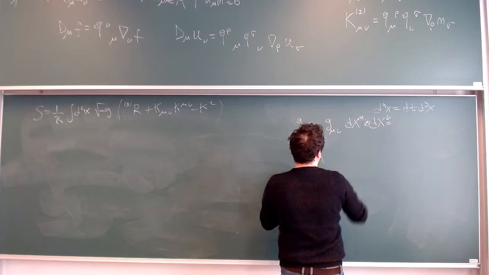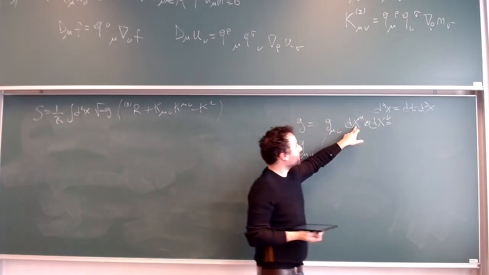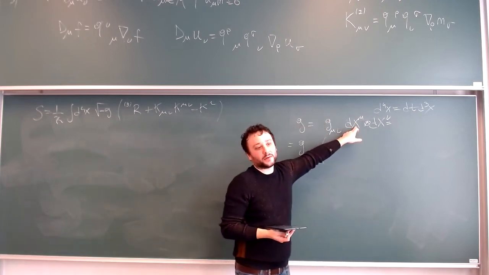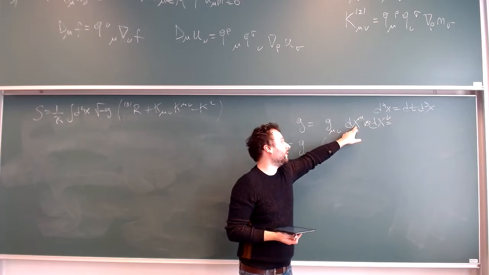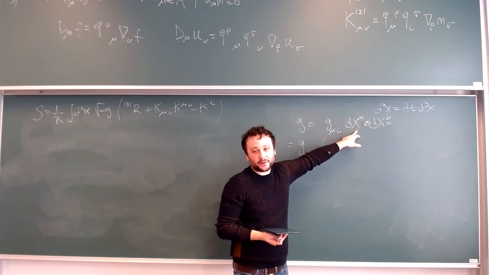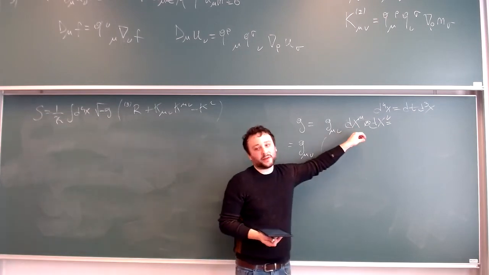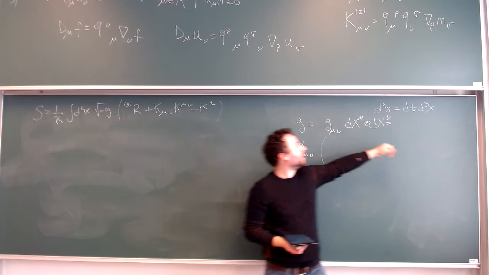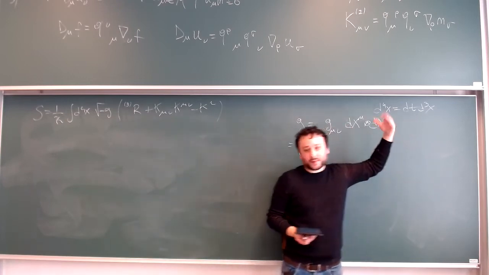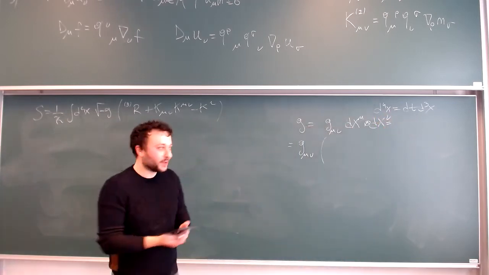Here, from the capital to the small one, we have to differentiate because they are one forms. So we have the contribution from the derivative with respect to time and the contribution of the derivative with respect to the spatial coordinates.